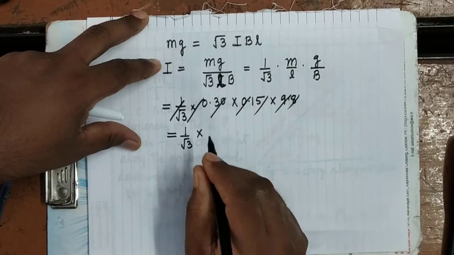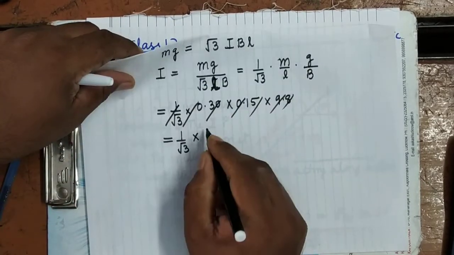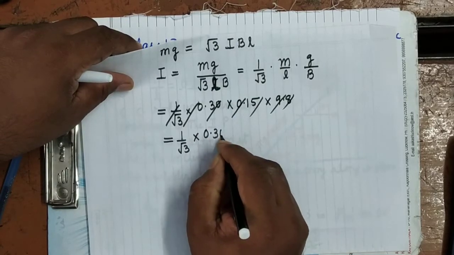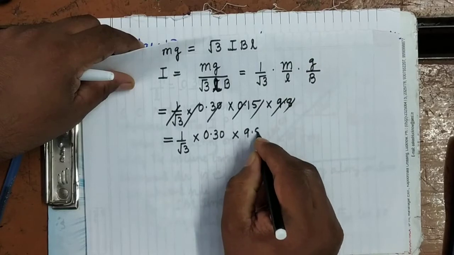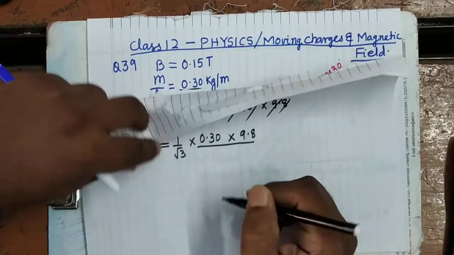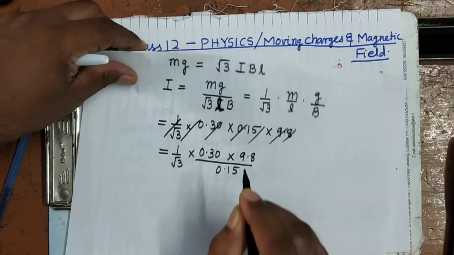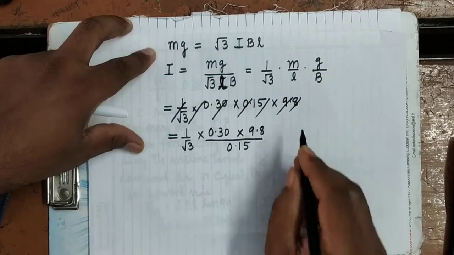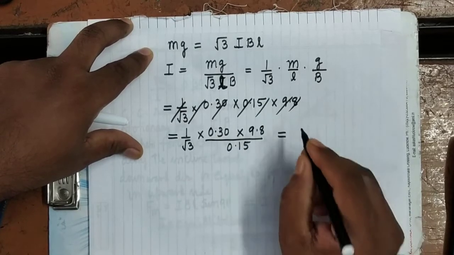Mass per unit length is 0.30. The value of G is 9.8. And the value of B is 0.15. When you simplify, 0.3 upon 0.15 is 2 times.